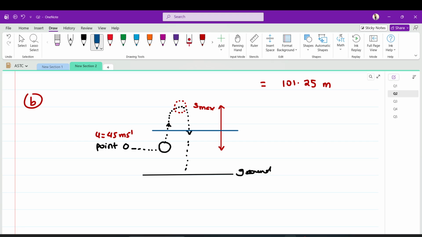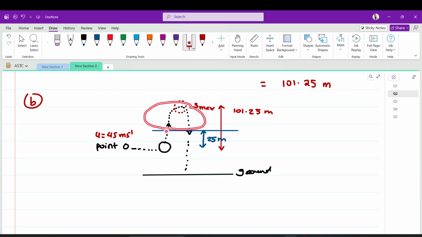This is the point which is 25 meters from the point of release. And S max, we just found out, is 101.25 meters. The maximum height is 101.25 meters, and above 25 meters, that would be this much distance. So you need to find the duration the ball was in this region.